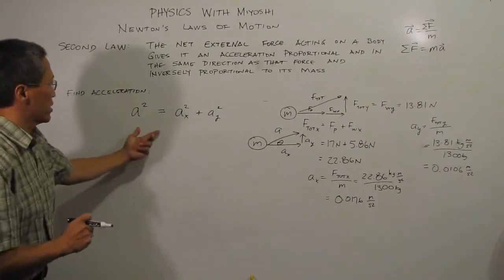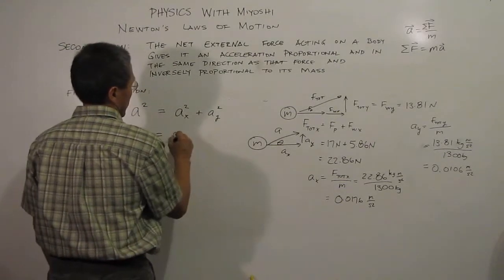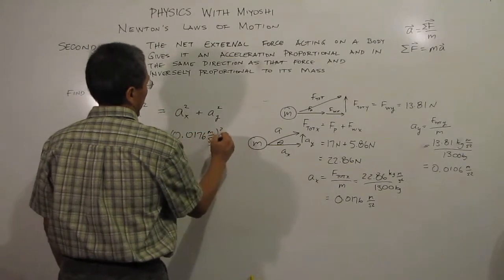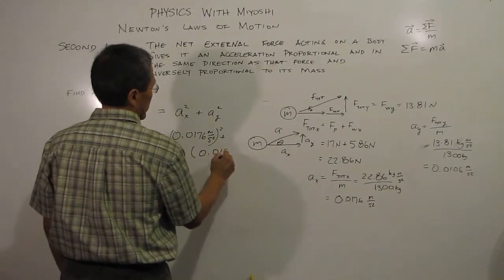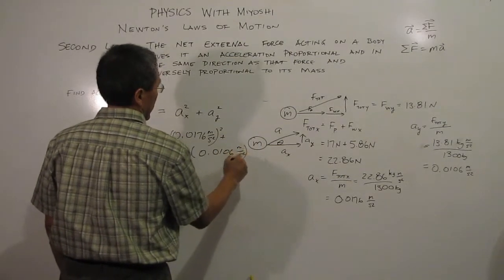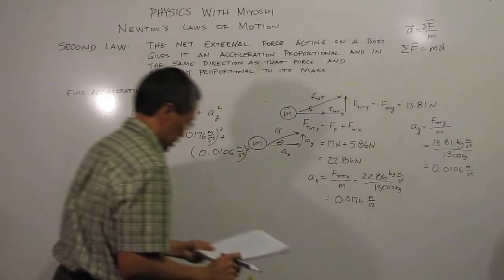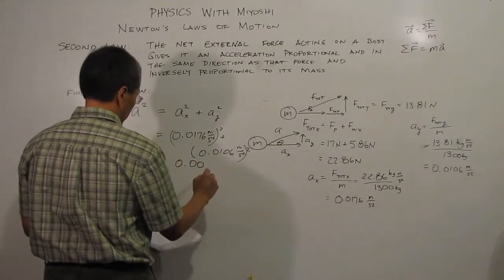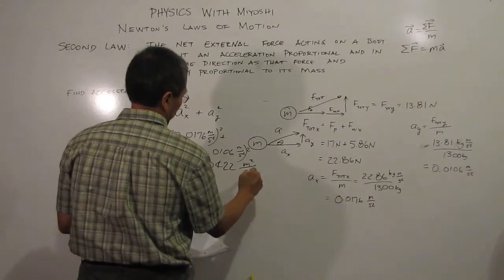So now all I have to do is plug those in, and my ax was 0.0176 meter per second squared, and I'm going to square that, add on to there 0.0106 meter per second squared squared, add those together, and I get something like 0.000422 meters squared per second to the fourth.